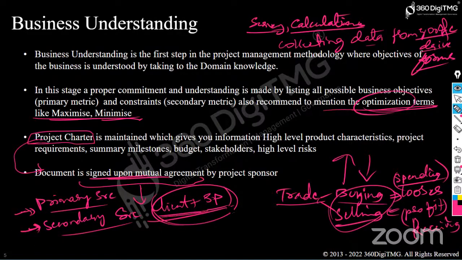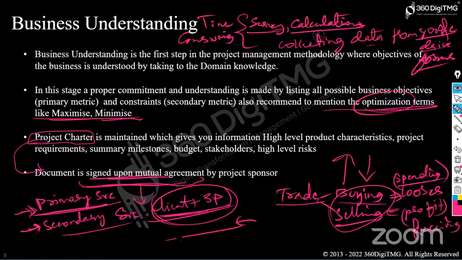So the client should not come after that and say to perform a primary source of data collection from various places, as it will be time consuming. Hence, we do not want the client to mention that you are taking more time in collecting the data. It should already be mentioned, and the project deadlines should be given.